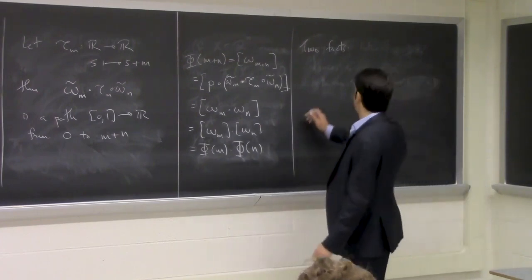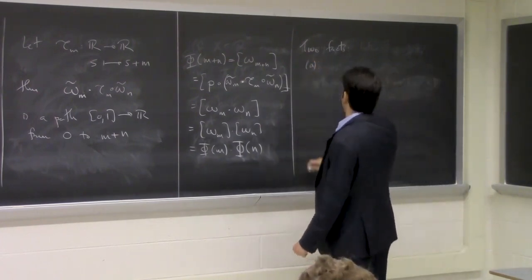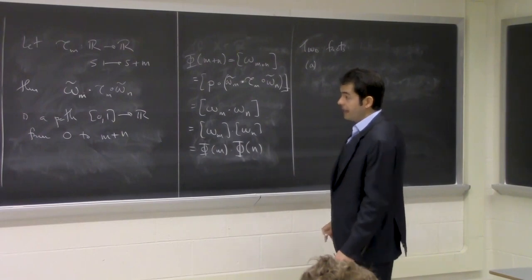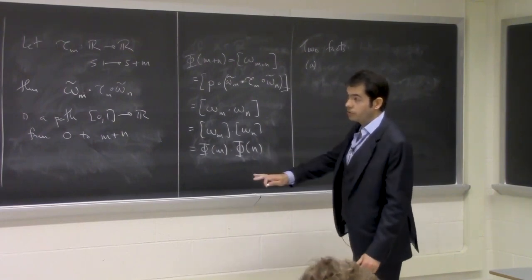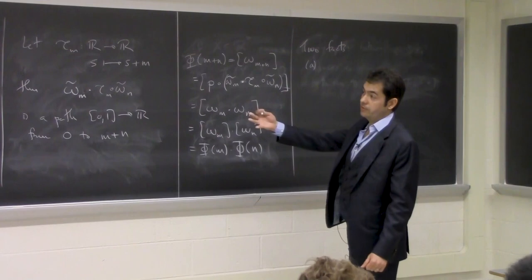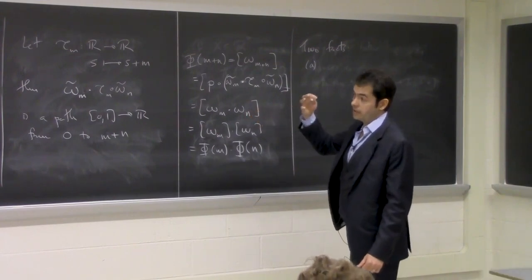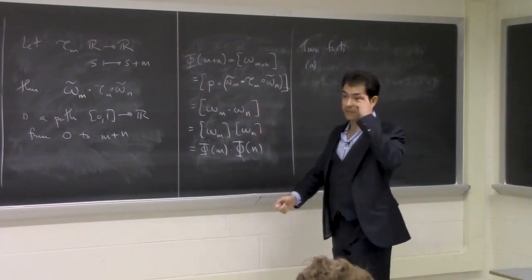Right? First, every path on the circle has a unique lift to a path on the real line as soon as you fix the base point.